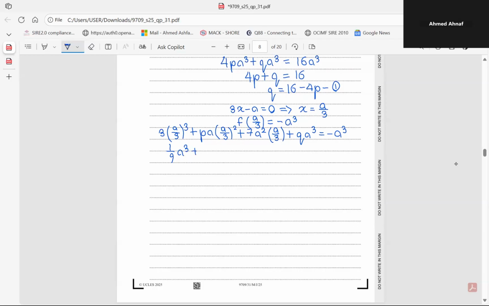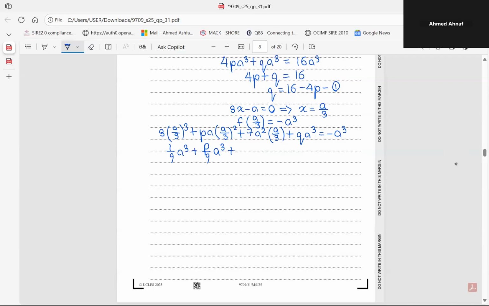And then the following term, p times (a over 3) squared: a over 3 squared is a squared over 9, and a squared over 9 times pa, that is p over 9 times a cubed.